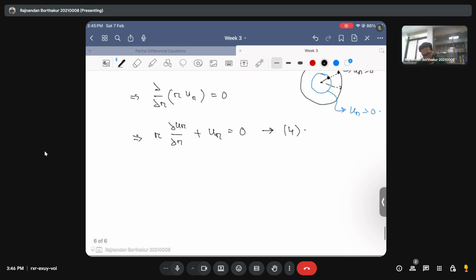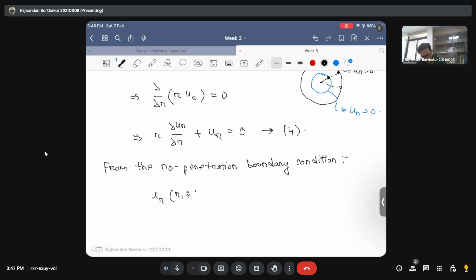So from the no penetration boundary condition, I can say that u_r, which can be a function of r, theta, and z, is equal to 0 everywhere.